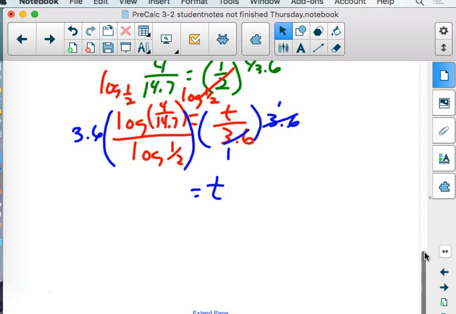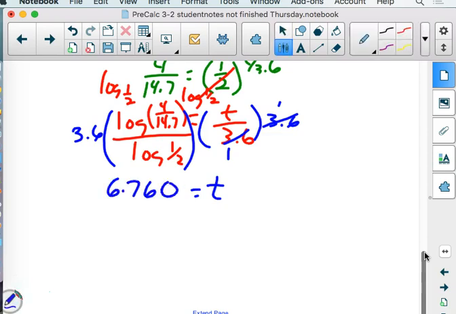So we have to go with 6.760 for this one. And then think, well, what does that mean? 6.760 what? Well, this really wasn't time. Even though we're using T, it wasn't talking about time. It was talking about the miles. This whole thing was about miles.